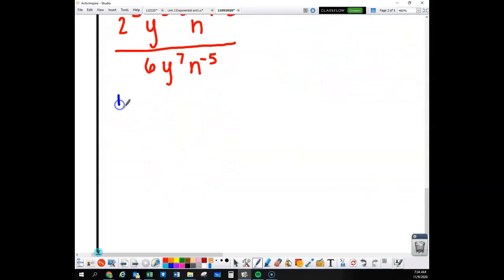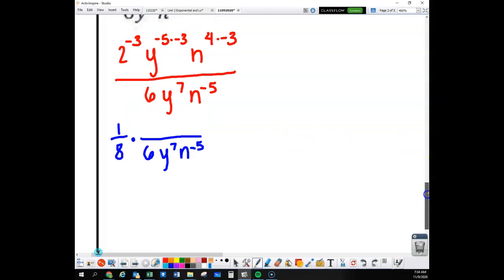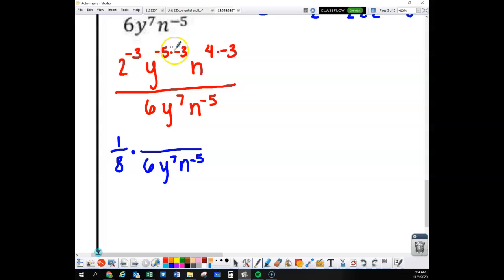So this would be 1 over 8 times, now don't forget we have the 6 in the bottom. We're going to keep all that the same. And then let's multiply the top. So -5 times -3, 15.